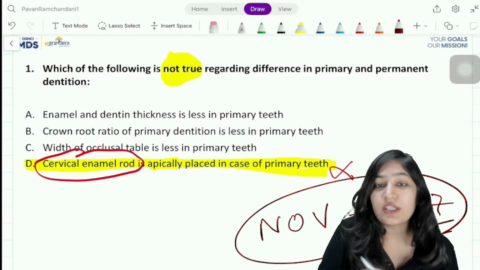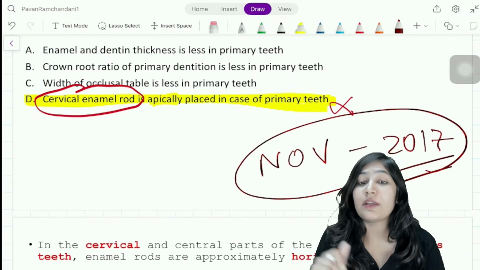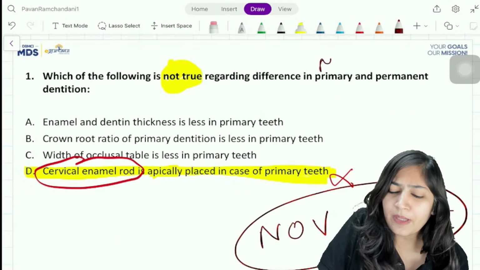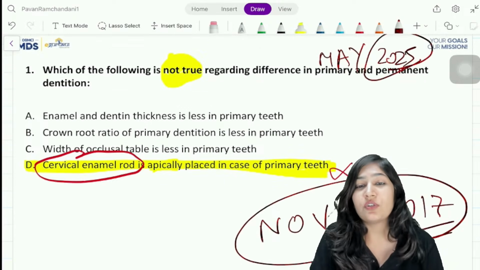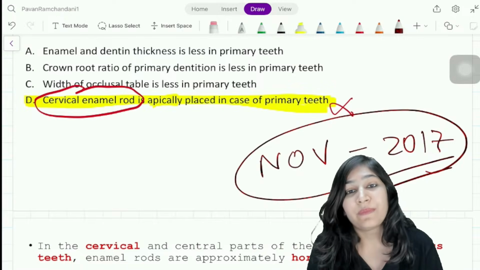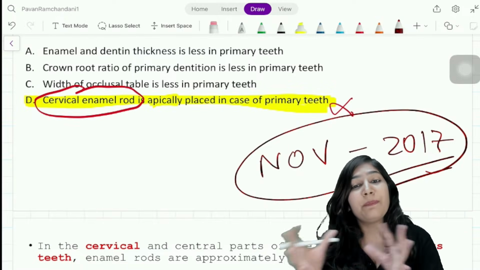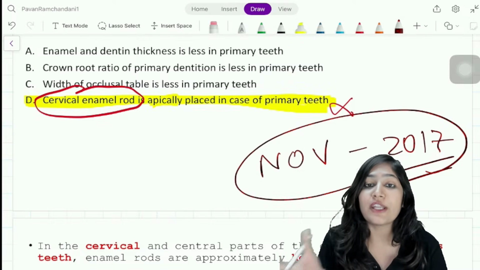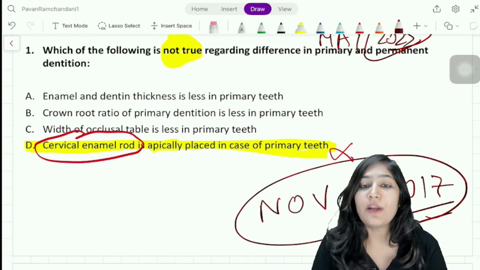So it is a repeat of a question from the same topic. Again it asked the difference between primary and permanent dentition, and what is not correct for the primary dentition.